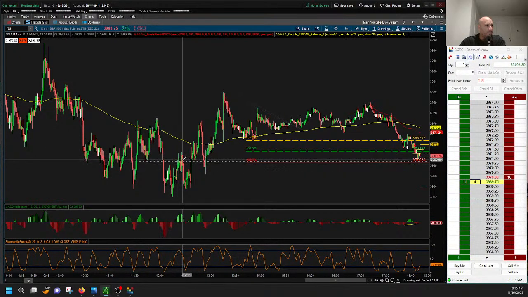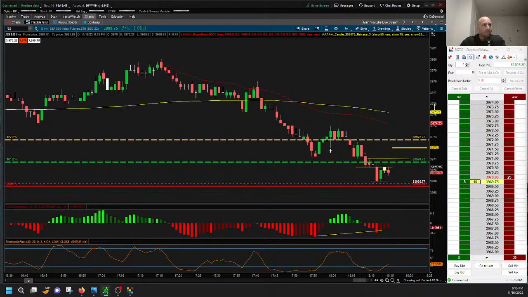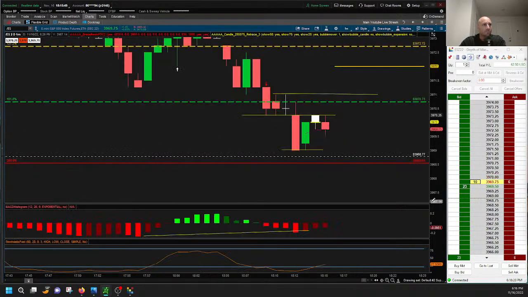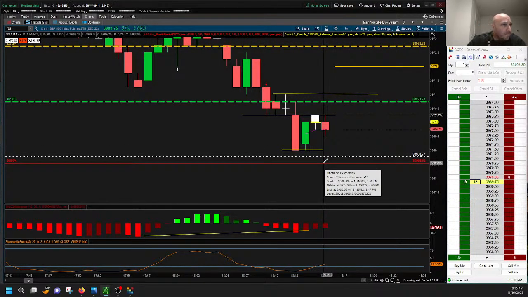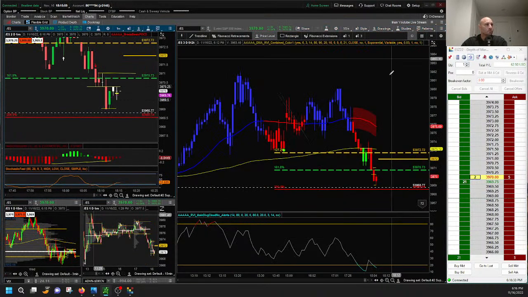Base, kind of turn around here, blow through, pull right back here, bounce, turn, take off. It's our very first move back into it. I kind of like this 68.50 level if we pull back, right?